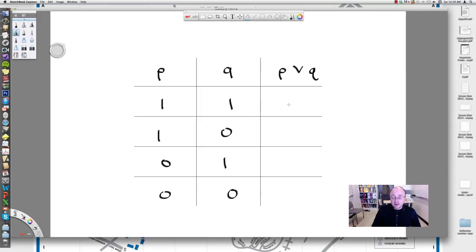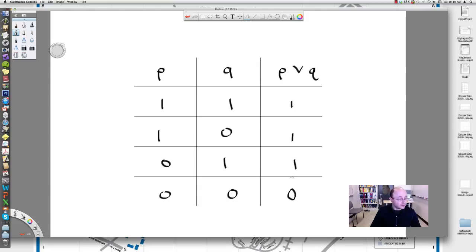And again, we're going to have true, true, true here followed by false, because the only way that a disjunction is going to be false is if both of the disjuncts are false. So that's the truth table for OR written out in terms of 0s and 1s.